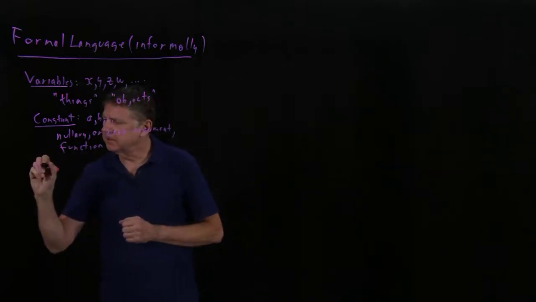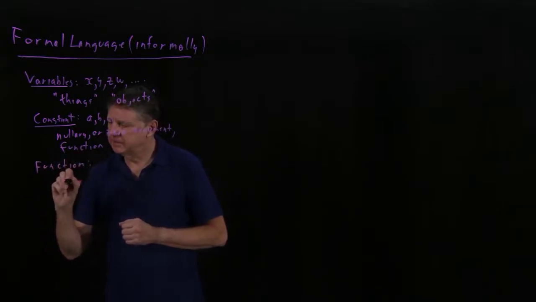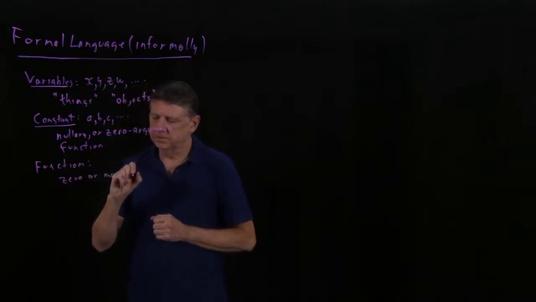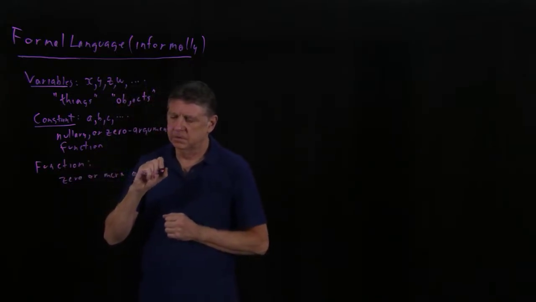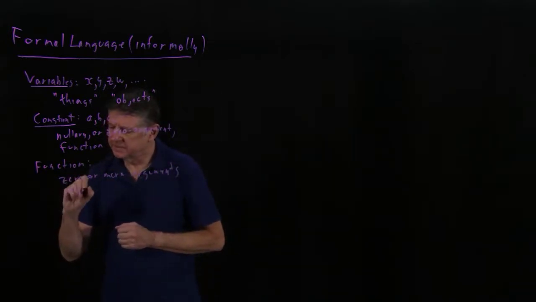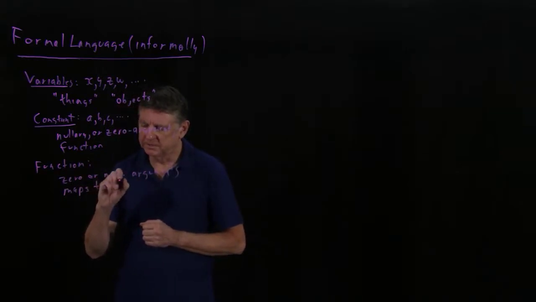A function for us has zero or more arguments. And we'll say that this maps to objects.